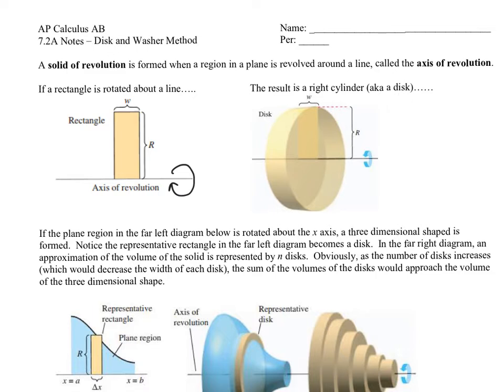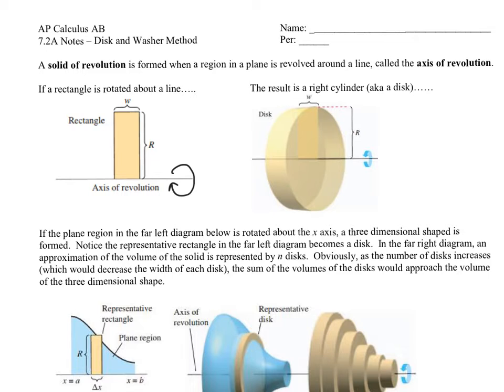But what this actually is is a shape that you're familiar with from your geometry courses. We have what's called a right cylinder. So we take this rectangle, we rotate it around an axis, and it carves out in 3D space this right cylinder.